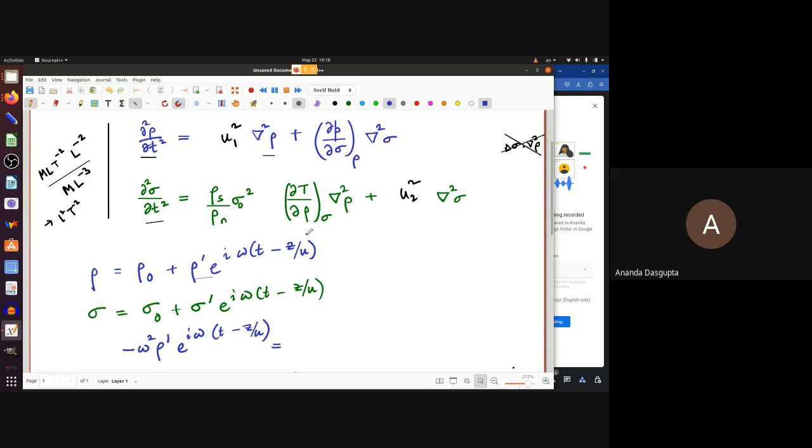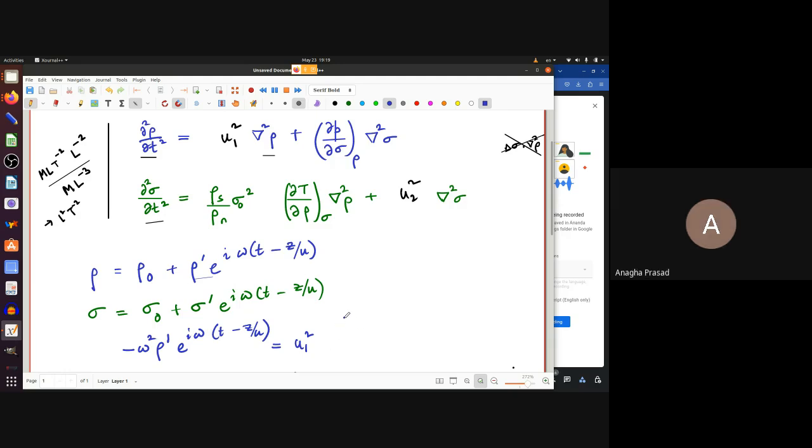Now, what about this? You'll get u1 square. But now you have to realize you're taking the Laplacian of rho. The Laplacian is del 2 del x2 plus del 2 del y2 plus del 2 del z2, but in this case, it depends only on z. So you're basically doing two z derivatives. What will you get?